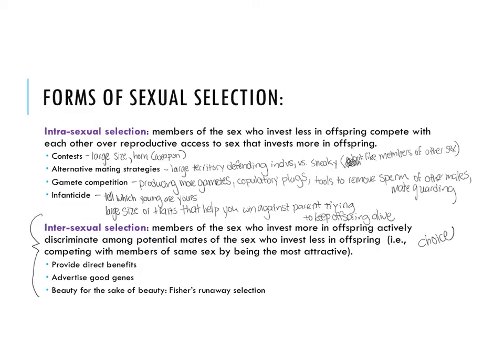And there are 3 reasons that choice could evolve: providing direct benefits, advertising good genes, and beauty for the sake of beauty, which is also called Fisher's runaway selection. But you're going to see this might help you remember it better.